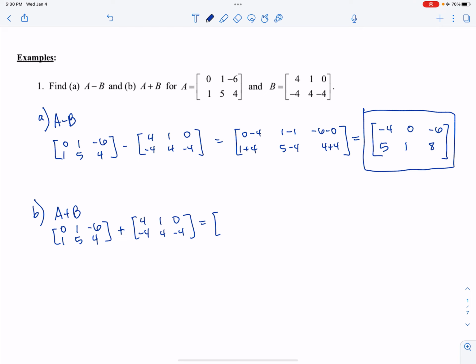This will give us 0 plus 4, 1 plus 1, negative 6 plus 0, 1 minus 4, 5 plus 4, 4 minus 4. So we have 4, 2, negative 6, negative 3, 9, 0.